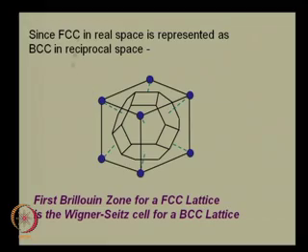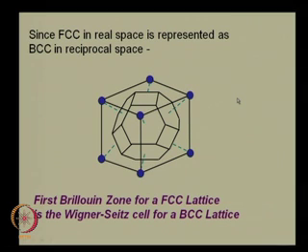Whatever happens to be your real lattice, in some way, shape and form, it is going to be represented in reciprocal space as a reciprocal lattice, and what you get there as the Brillouin zone is then linked to the real space material, simply stated as that real space lattice has the following Brillouin zone. So FCC becomes BCC, and therefore the BCC's Wigner-Seitz cell is the FCC's Brillouin zone. That is what we are depicting here.